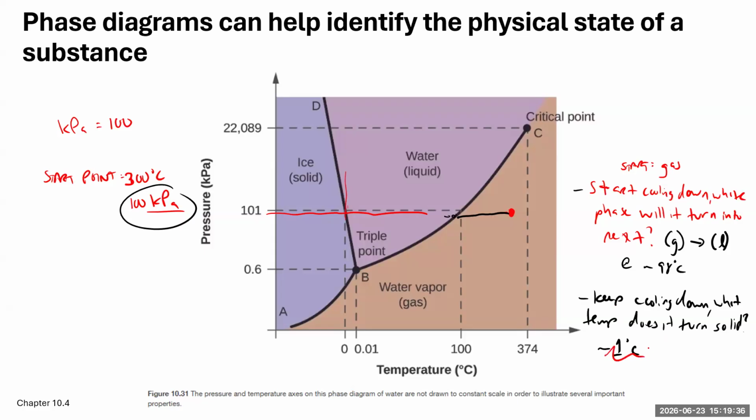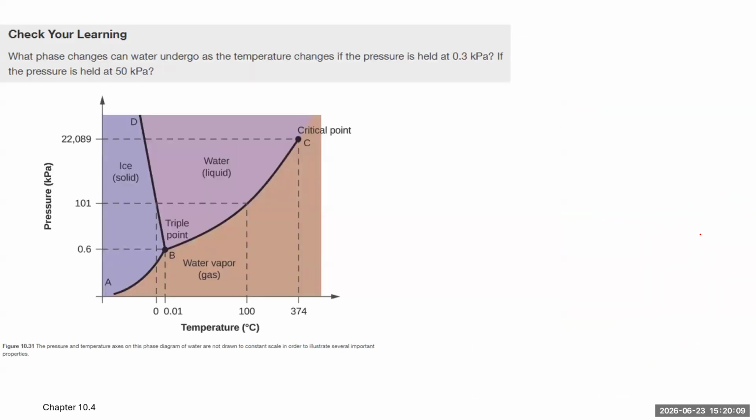So let's just say about -1 to 0 degrees Celsius, that's when it'll turn solid. I'm not going to give you questions that close. We're going to give you kind of broader ranges. So it'll end up over here somewhere. So if you know the pressure and the temperature, you can locate the phase it's going to be on the phase diagrams. All right. Let's check this out.